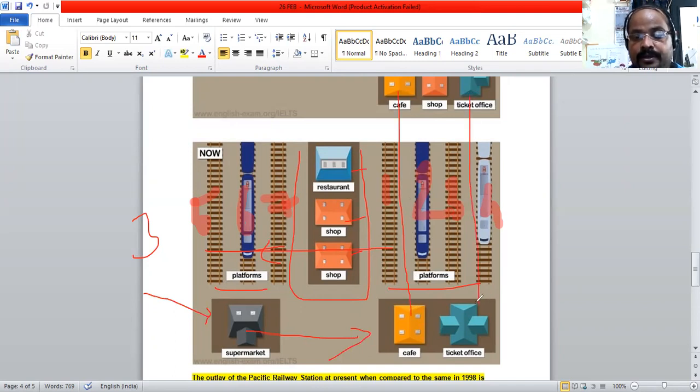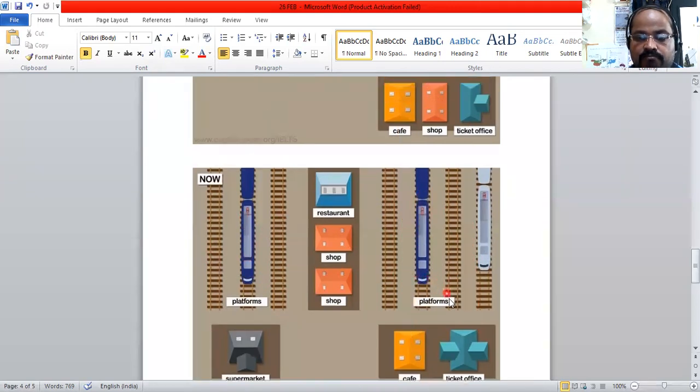But in case of the ticket office, I think the size got increased. It expanded, consuming the space of the shop which was existing. So the shop was demolished, and instead the ticket office expansion was done.